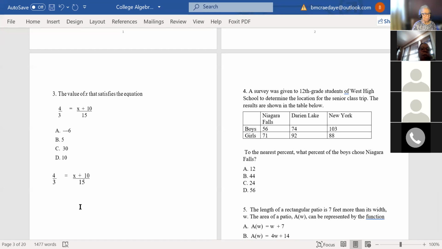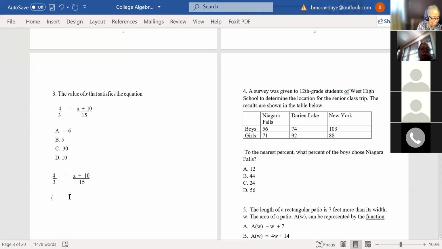Anybody got the answer? Some nice, easy numbers to work with. When you cross multiply, this is the way it will look. I'll just do this right here. Put a 3 over 4.